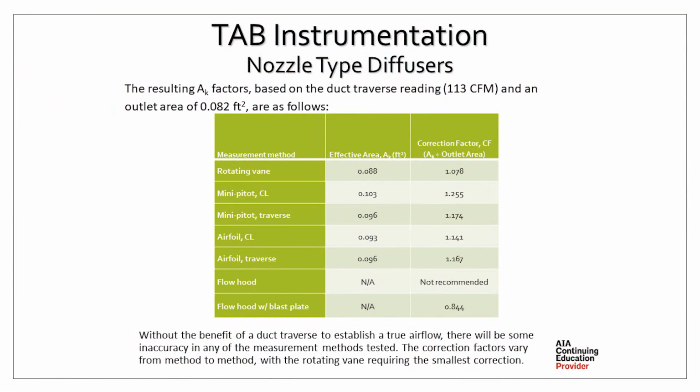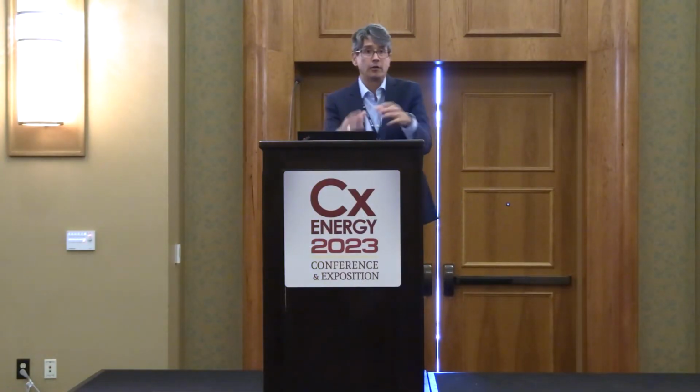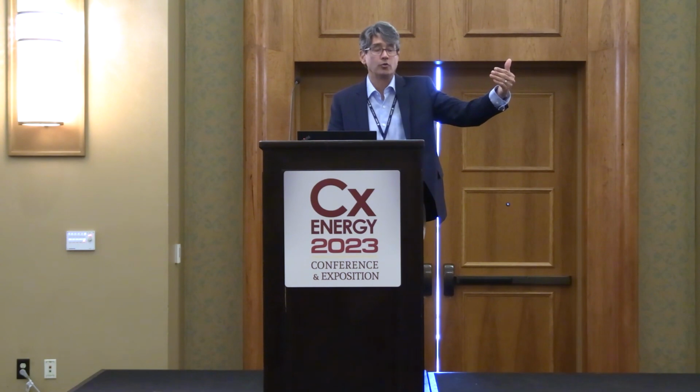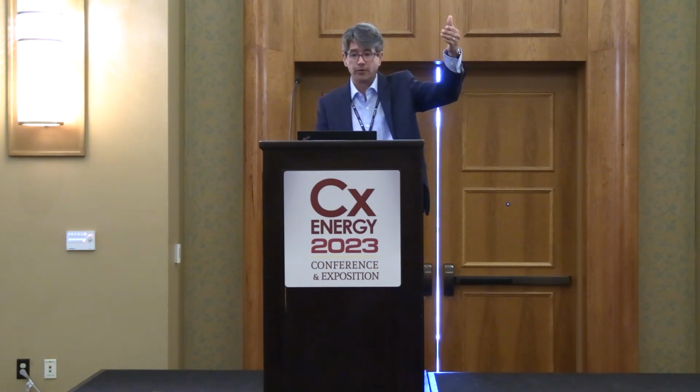When it all came said and done, we developed a K factor for each device and which one we felt the most comfortable with. So you can look and say, the flow hood without the blast plate, not right. We had airflow readings all over the board. Don't do that. If you do it, put the blast plate in, it's got to be in here, it's this size, et cetera. Whatever reading it says, we're going to take times 0.84. So it was reading a high airflow based on the duct traverse, where we measured 113.